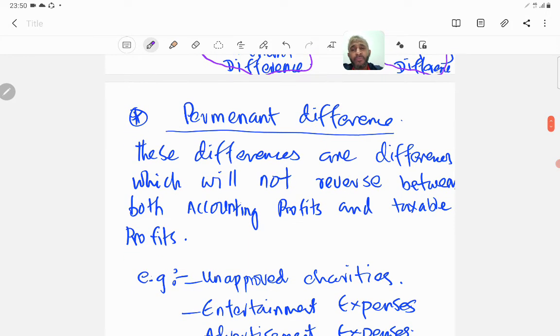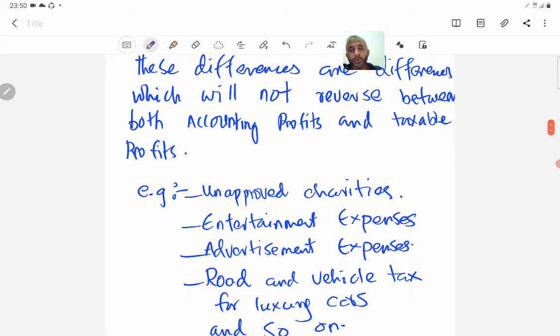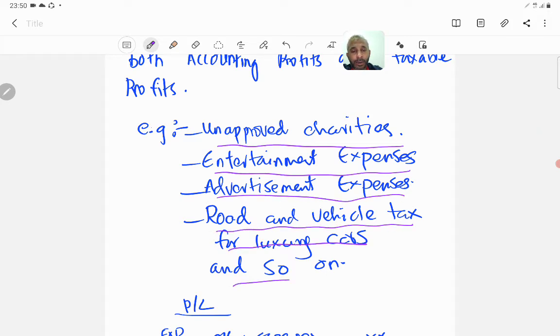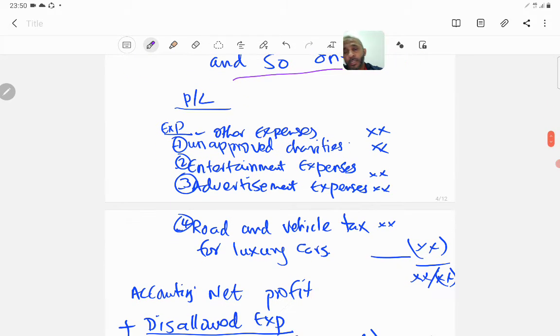Permanent differences are differences which will not reverse between accounting profits and taxable profits. Some good examples are unapproved charity expenses, entertainment expenses, advertisement expenses, road and vehicle tax for luxury cars, and so on. So if you generate a profit and loss account, if it is my IFRS P&L, under my expense categories I will have these expenses.